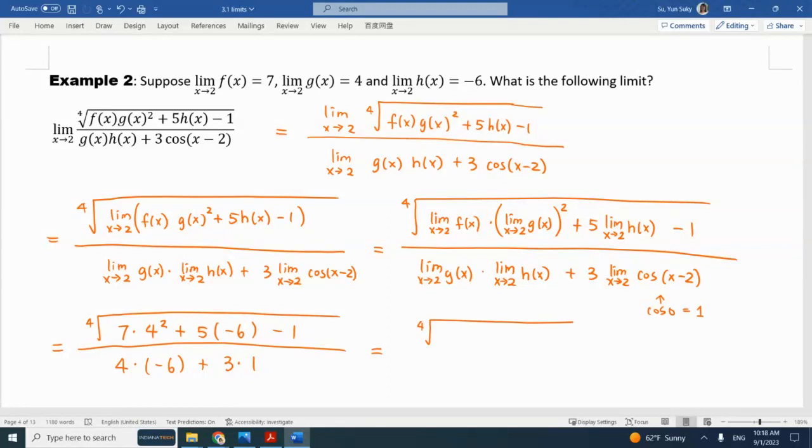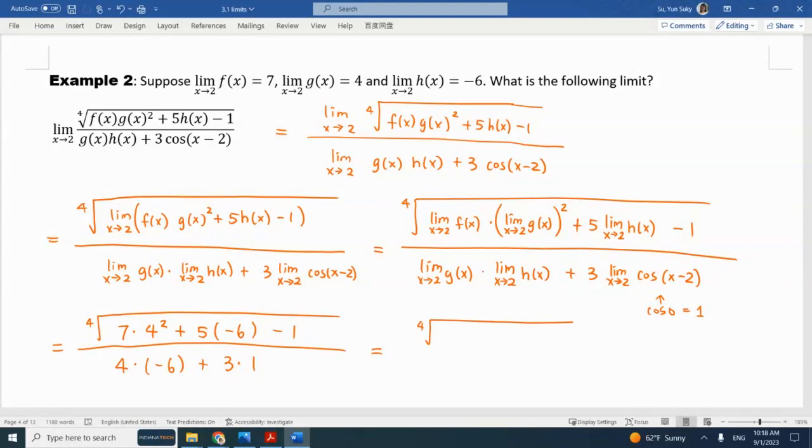4 squared is 16. 16 times 7. So 6 times 7, 42. 7 times 1, 7. 7 plus 4 is 112.